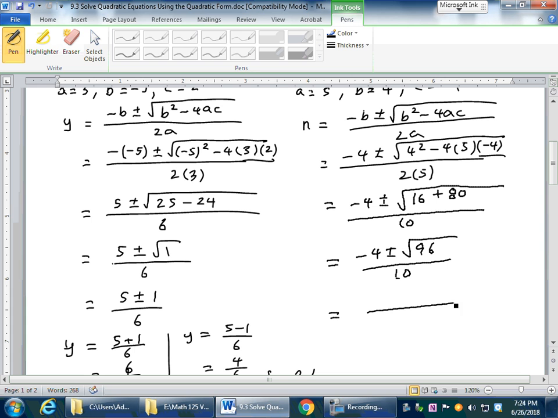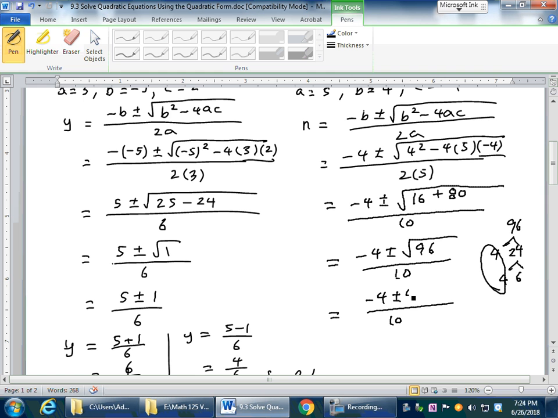Now simplifying 96, I need to look at 96 and find a perfect square number. 4 goes into 96 24 times, so I can have another 4 going into 24, 6 times. So the perfect square will be 16.